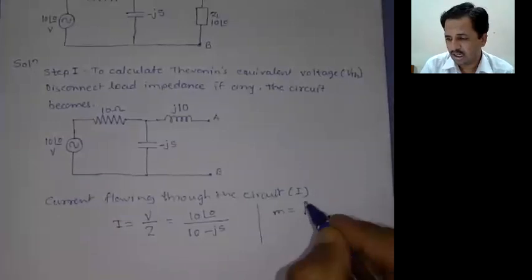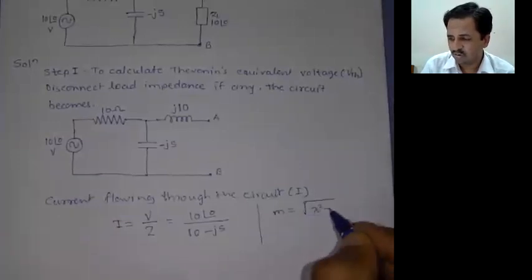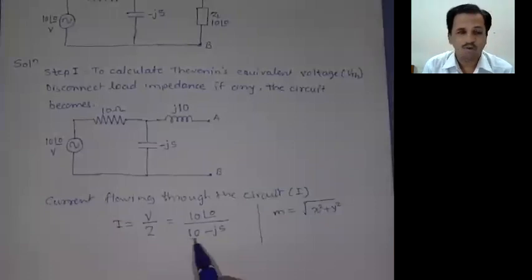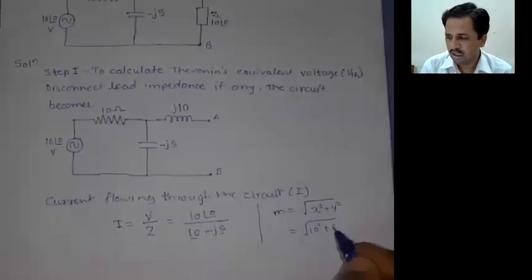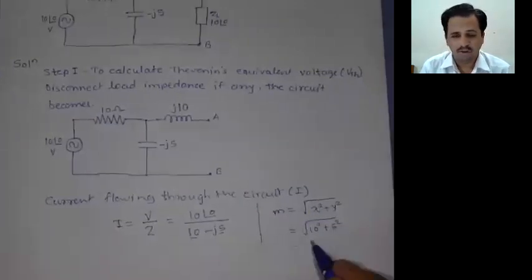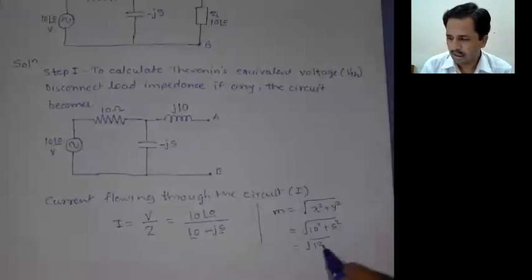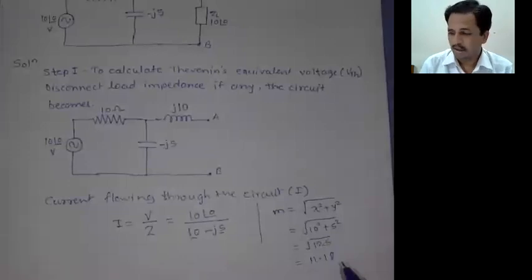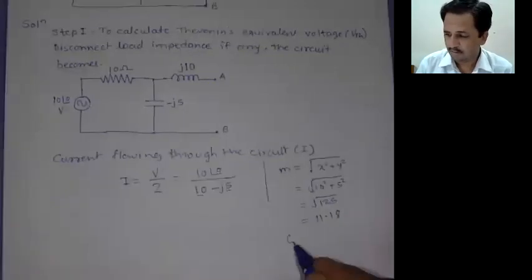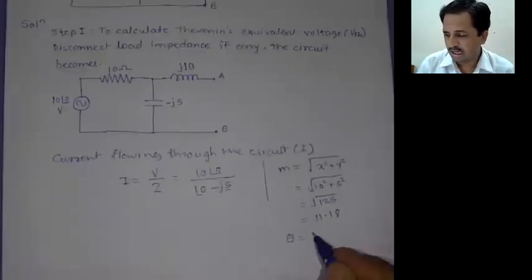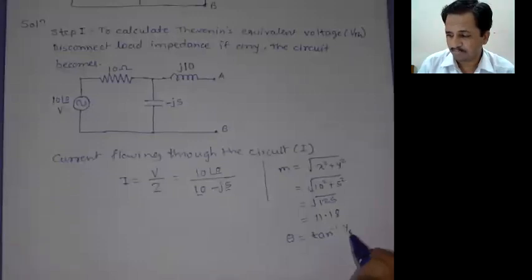The magnitude M is the square root of x squared plus y squared. What is x? Here, the 10 value is represented as x, and this 5 value is represented as y. Now it is the square root of 10 squared plus 5 squared, that is the square root of 125, and its value is 11.18. The other quantity we require is theta, the angle, which is tan inverse of y upon x.